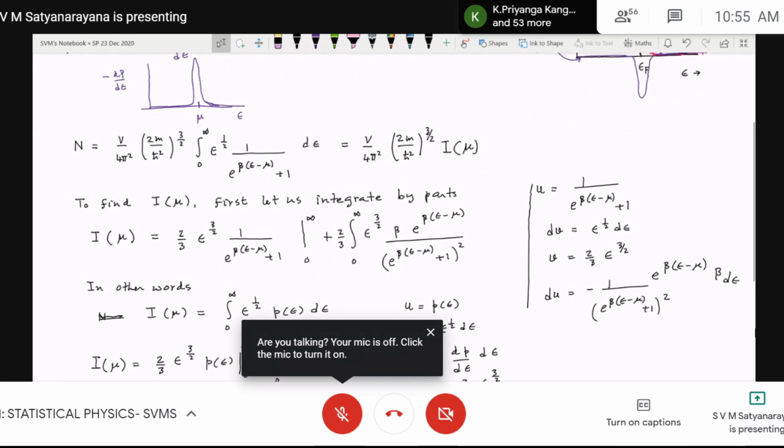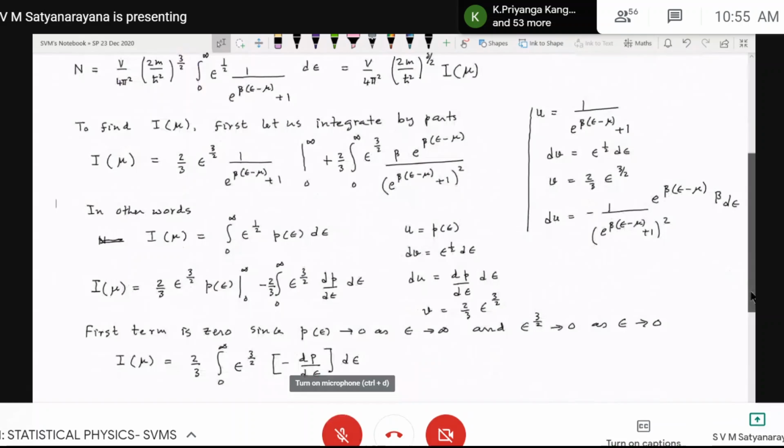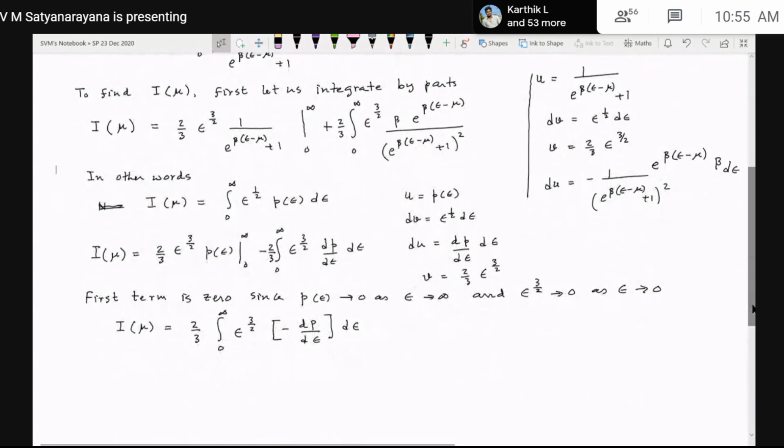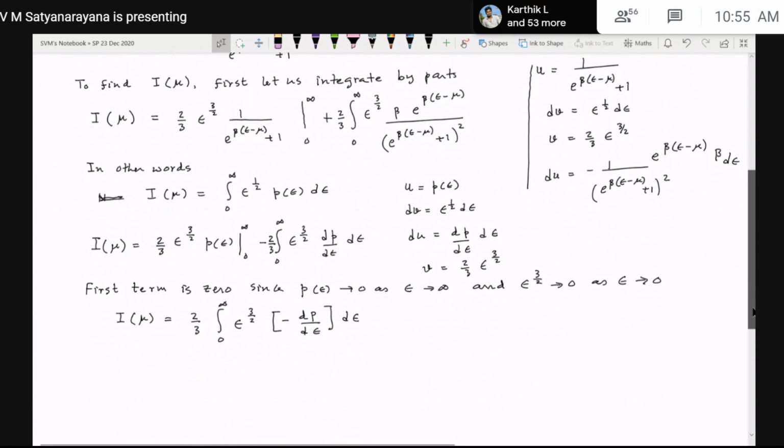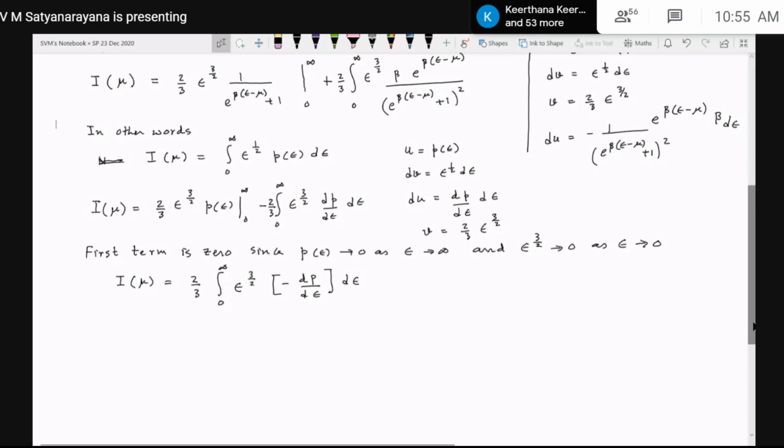Sir, we can take this as Dirac delta function. No, if it is a Dirac delta function, then the answer is very simple. But it is not a Dirac delta function, it is a somewhat sharply peaked function. So we can actually concentrate around mu. That is what will help us to make an expansion of any given function around epsilon equal to mu.